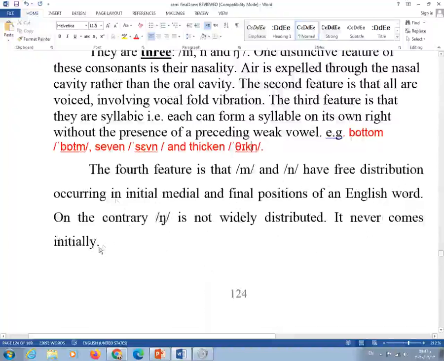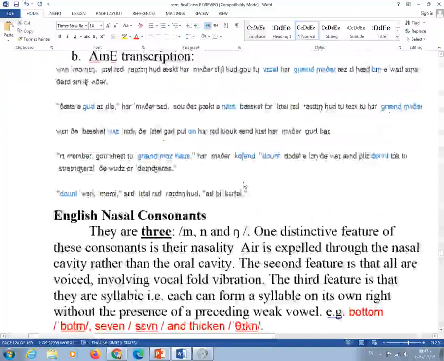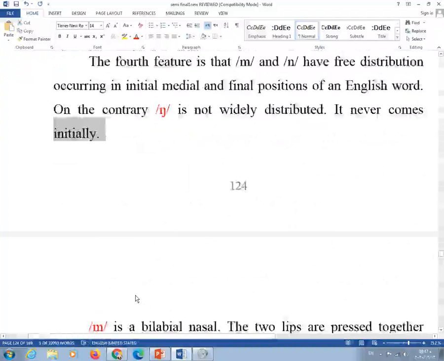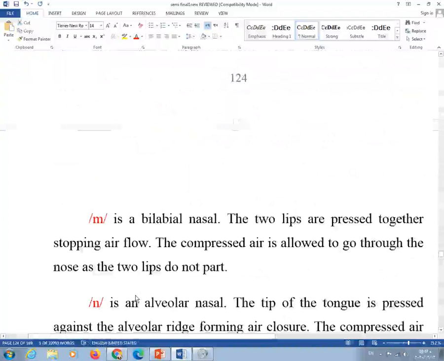This is a very important thing we should know. Okay, so these are the four basic features of nasal consonants. We must mention them when we talk about the English nasal consonants, the three we have in front of us.